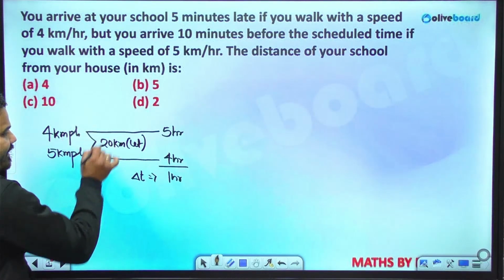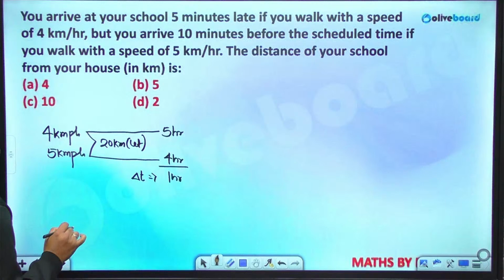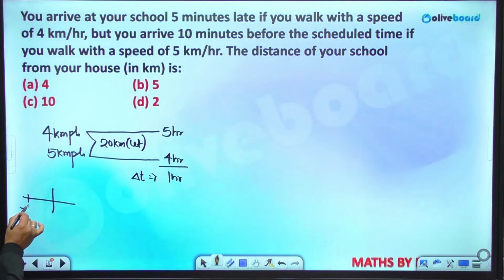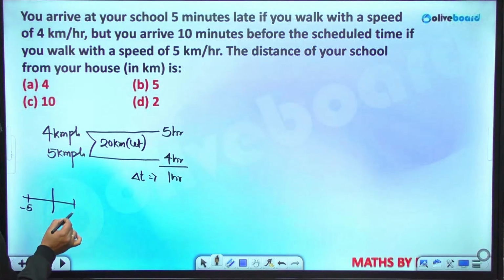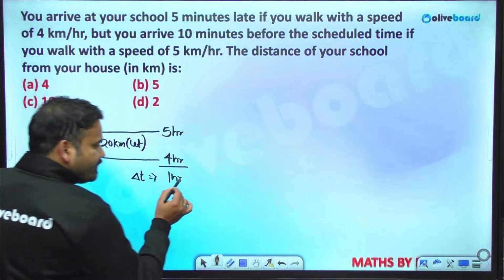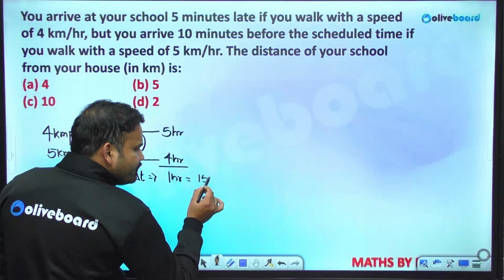So according to my assumption, the difference of time is 1 hour, but according to the question, it's 5 minutes late. See, on the number line, it's 5 minutes late, and we have 10 minutes before. So for late and early, the difference will be addition, that is 15 minutes.